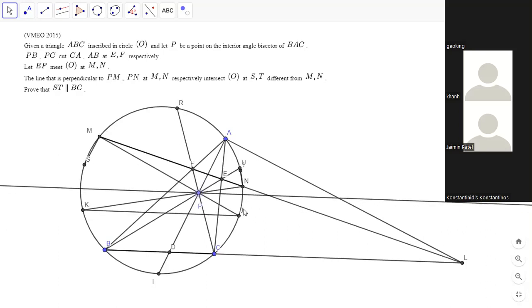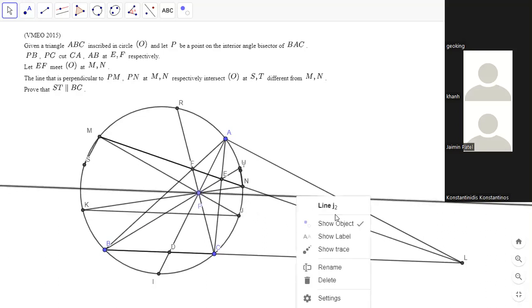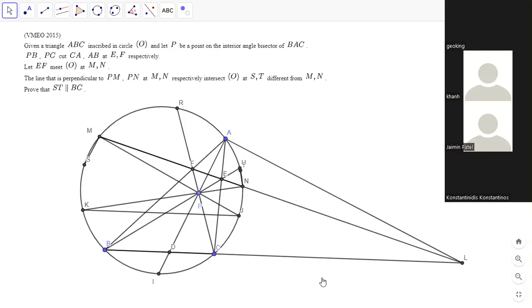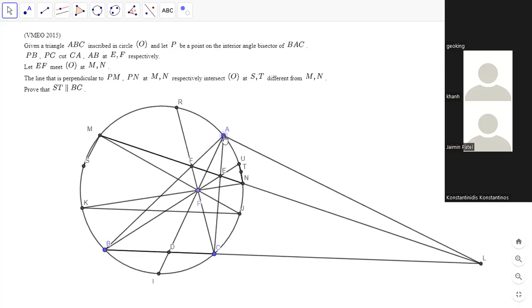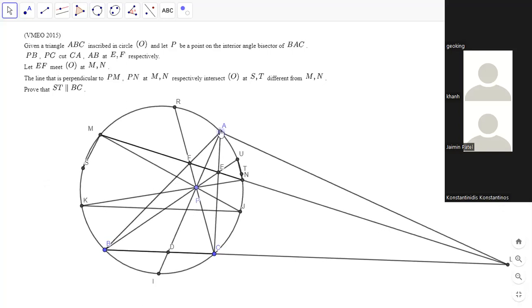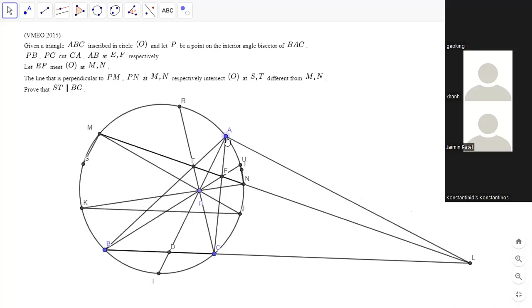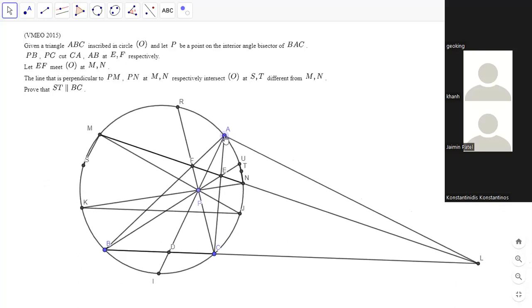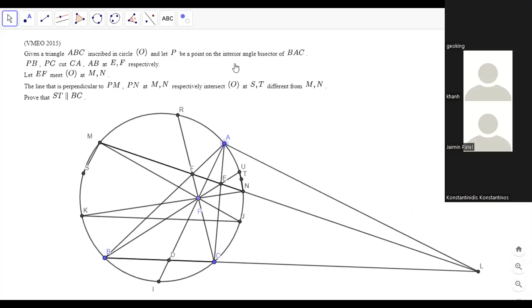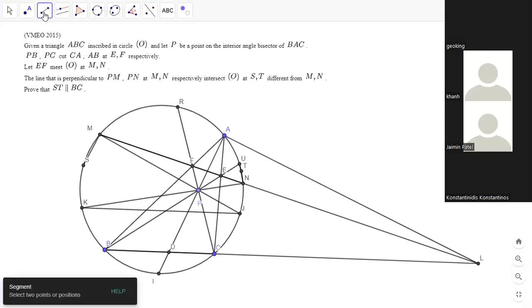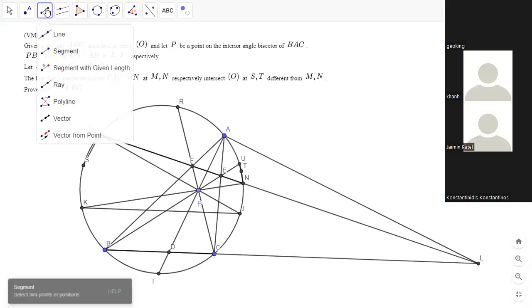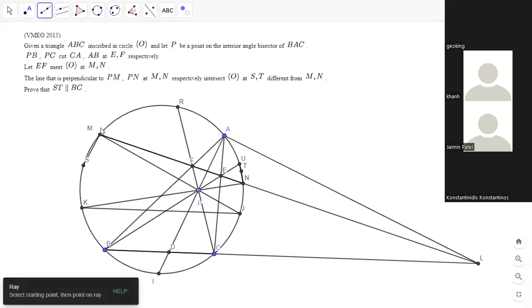I'm going to delete this. I think there are 2 points which are useful to add. Okay, so intersect MP and NP with BC. Okay, and then I'm going to read what Constantine wrote.